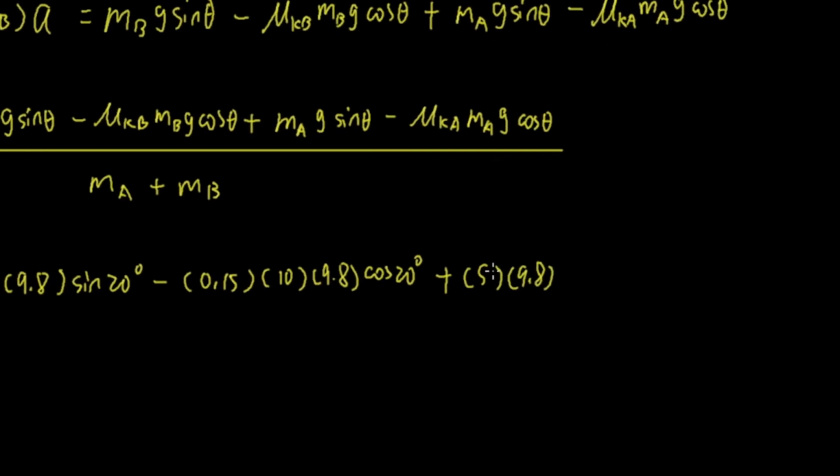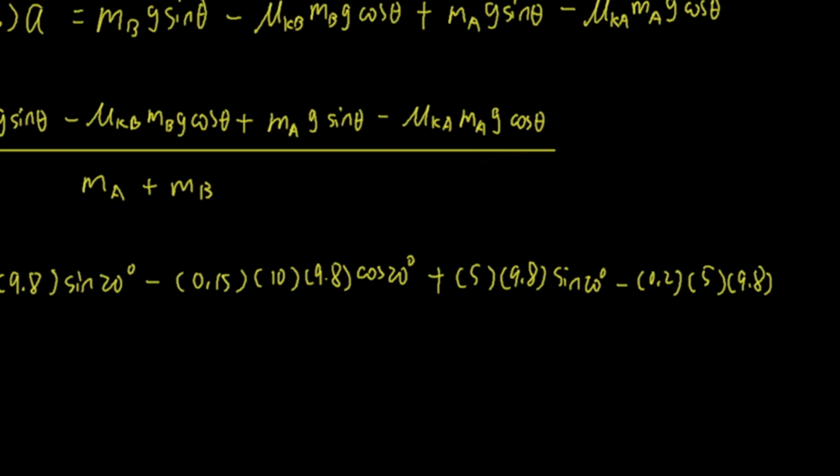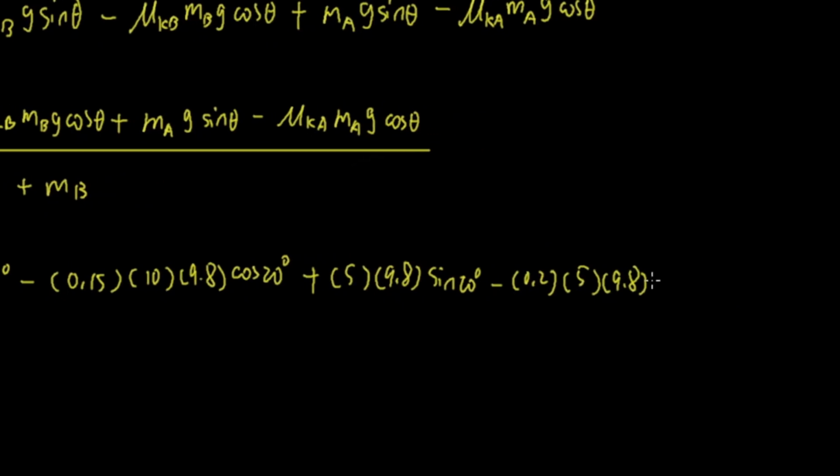minus coefficient of friction for A is 0.2, mass is 5, gravity is 9.8, cosine 20 degrees.